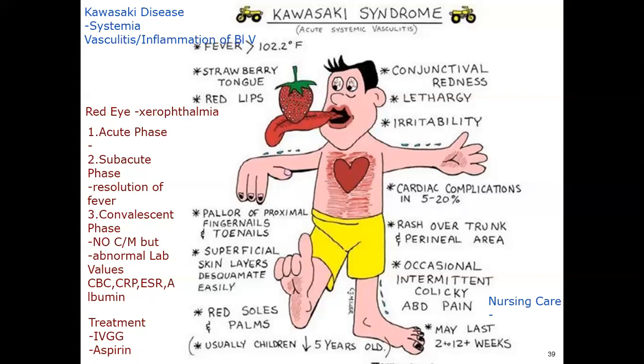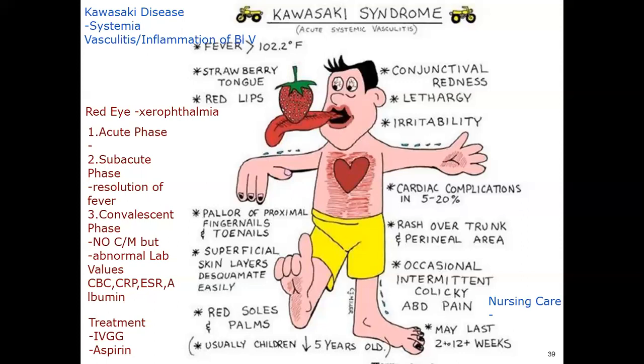And also the patient has red lips, or we can see red oral mucosa and mucous membrane with edema of the oral mucosa and pharynx.